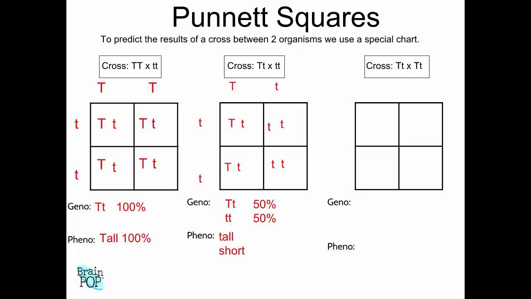What if we cross two heterozygous parents? We have big T, little t across the top and big T, little t on the side. Thank you.